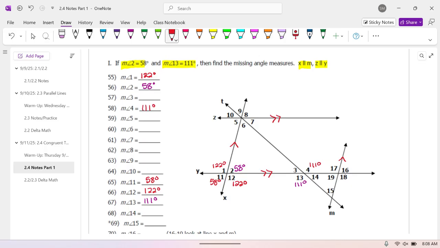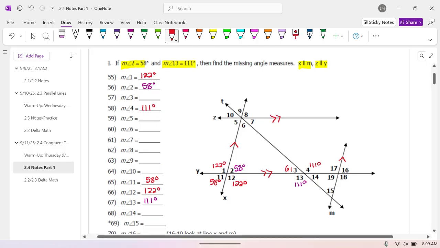Someone else. Say it one more time. Right. 3 is 69, and then it's supplementary to, you can either say 13 or 4, it goes either way.